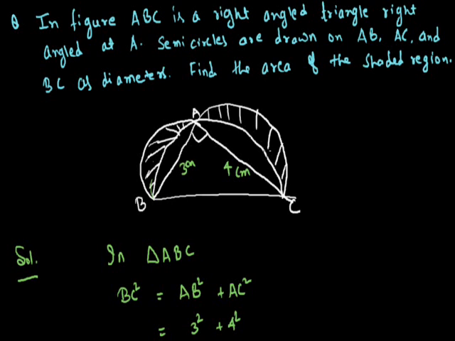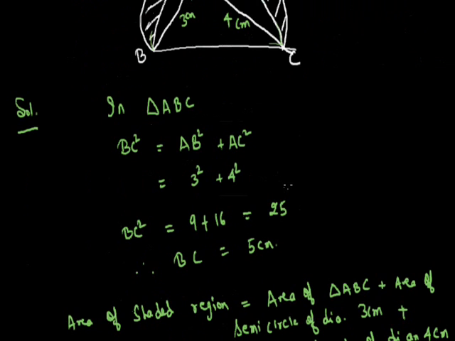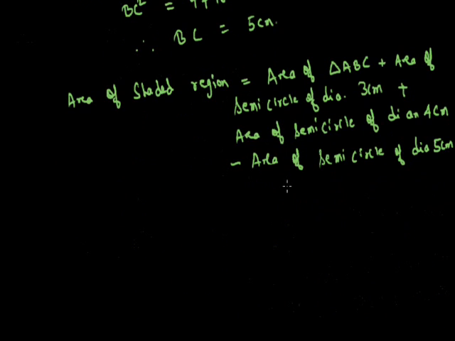So this is the area of semicircle of BC as diameter. So to find out the shaded region, area of triangle ABC plus area of semicircle taking AB as the diameter, area of semicircle taking AC as the diameter, and then minus area of semicircle taking BC as the diameter.